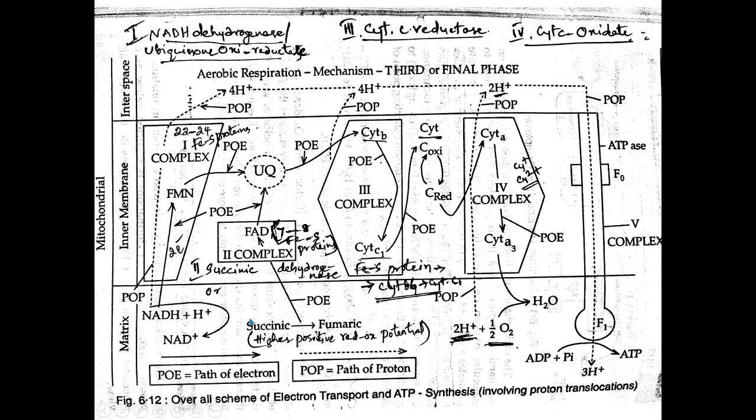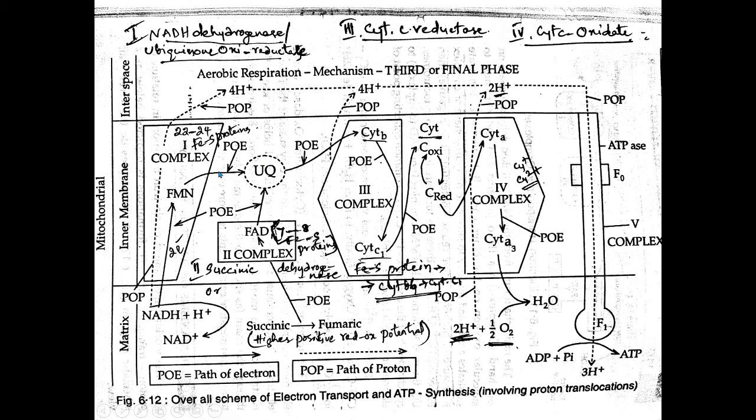Now we will see how this electron transport actually occurs. The mechanism of electron transport. You have to observe this diagram. Very easy to understand. Don't panic by seeing all these things.